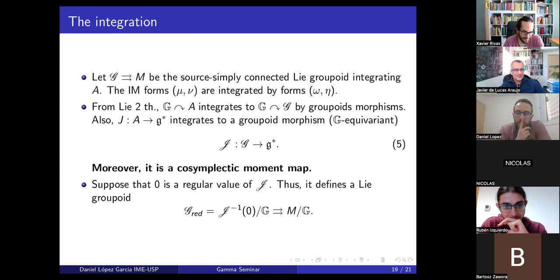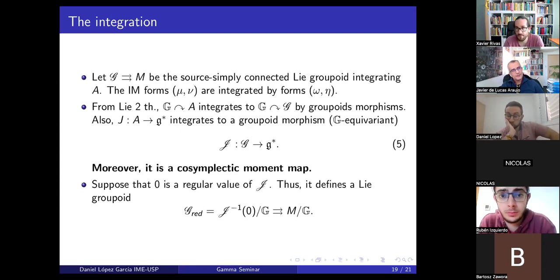Let me give a small comment here on the reduction. The way we thought about this was by looking at multisymplectic reduction. There is a special kind of reduction in the multisymplectic case by Blacker, I think, when the multisymplectic form and the momentum map can be split.